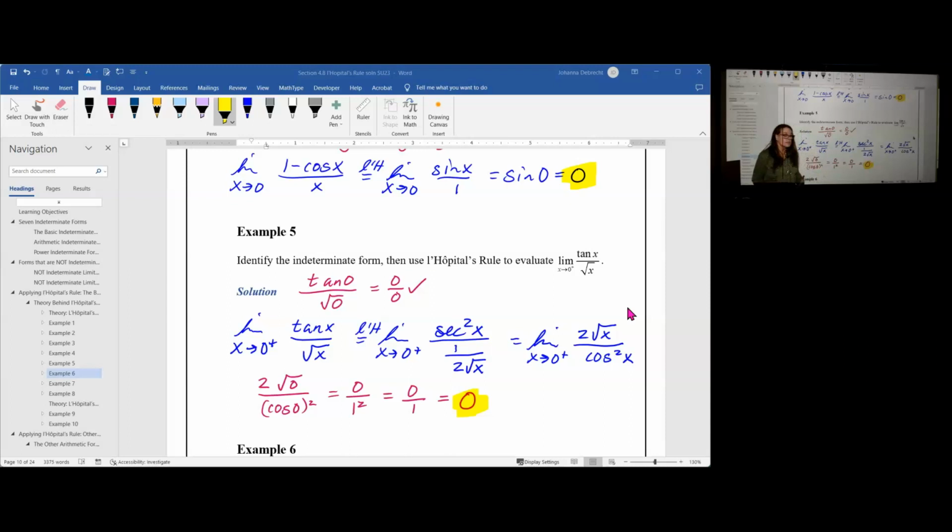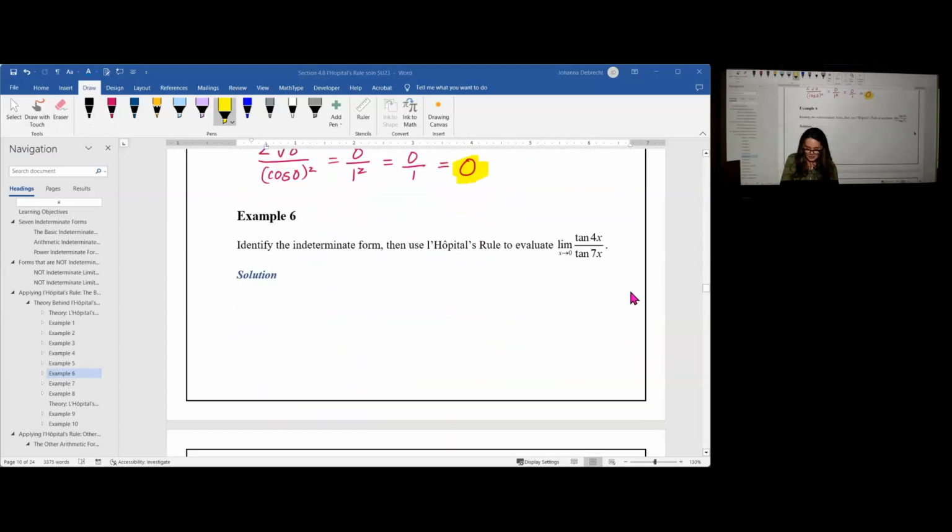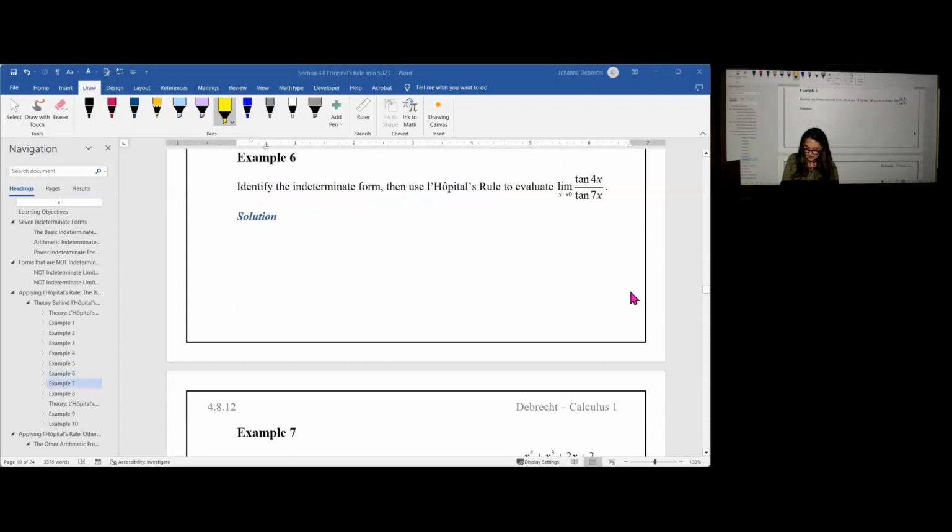My next step is to resubstitute the value of 0 and see if I get a finite real number. Here you can see that I get 0 divided by 1, which is 0. Again, this function does not exist at 0, but it looks like it hits the value of 0. Let's now turn our attention to the next two.